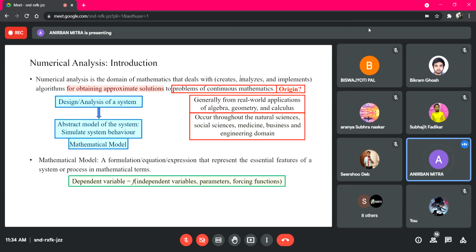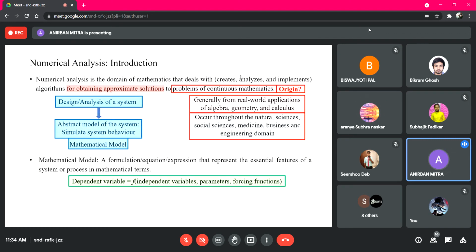We can write a general mathematical model as shown here. On the left hand side you have a dependent variable, and it is equal to the right hand side, which is a function of independent variables, parameters, and forcing functions.